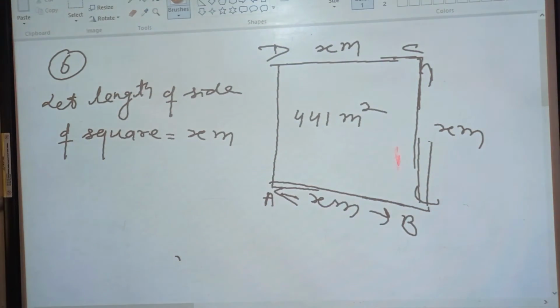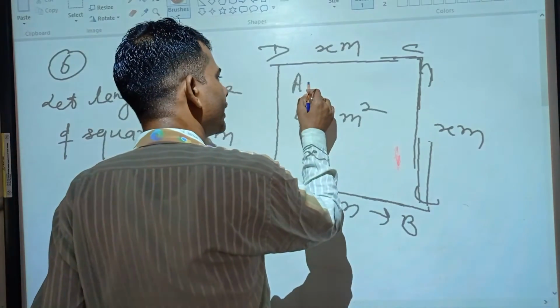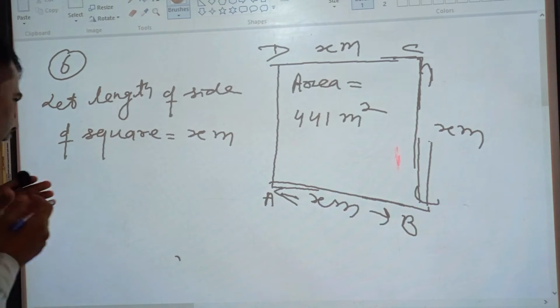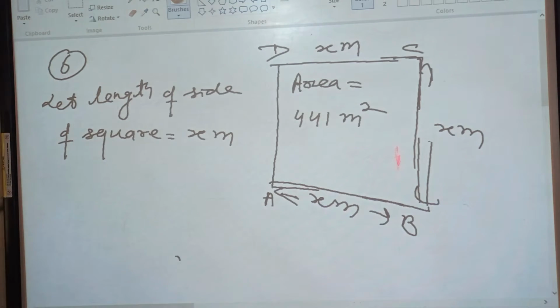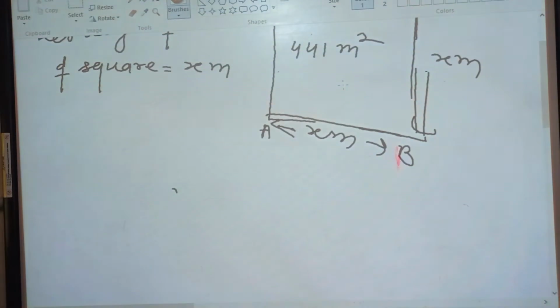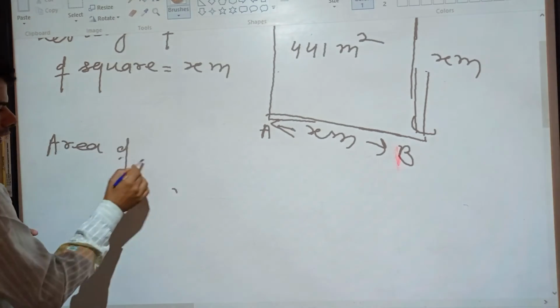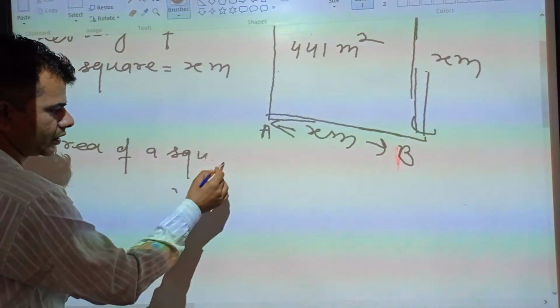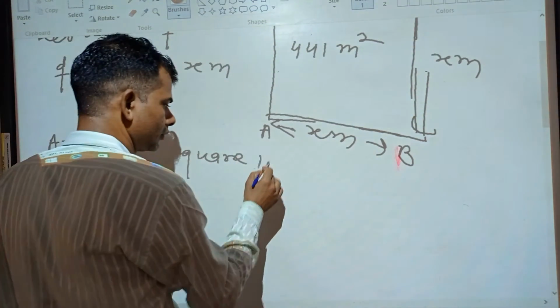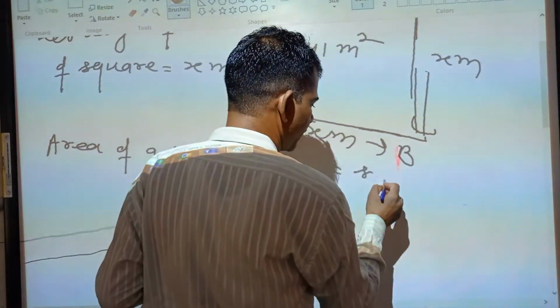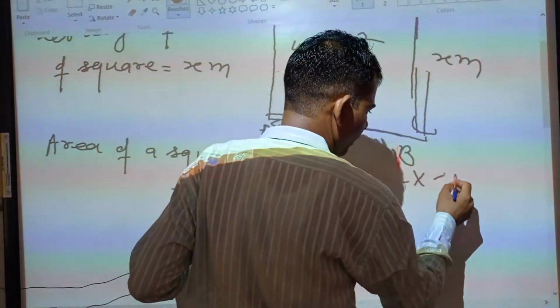Please tell me. Area of a square is side into side. Area is given. Area of square ABCD is side into side.